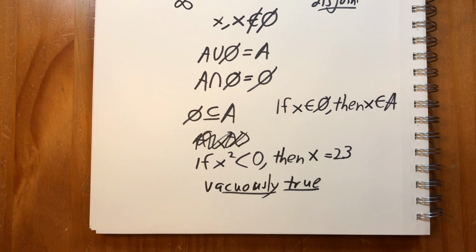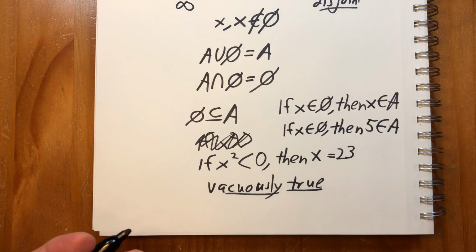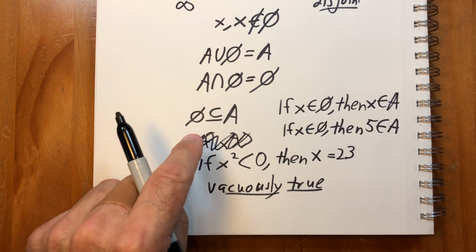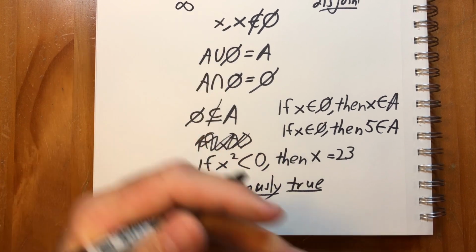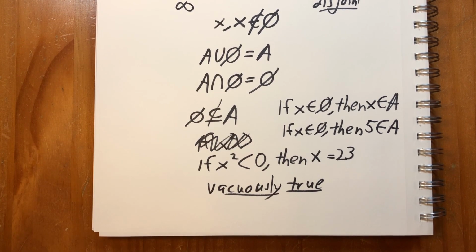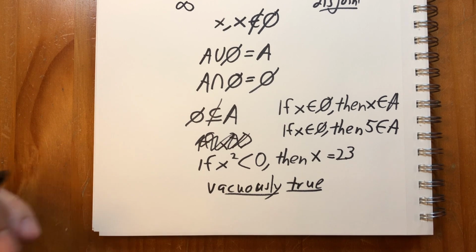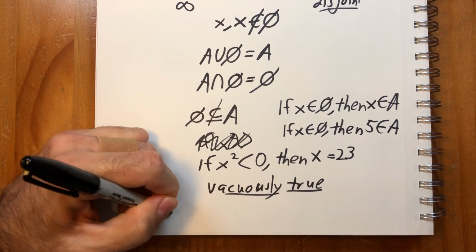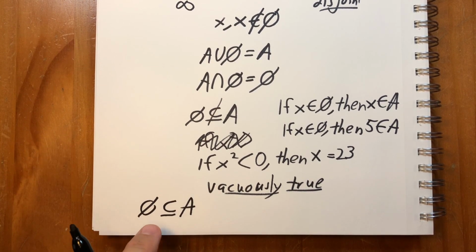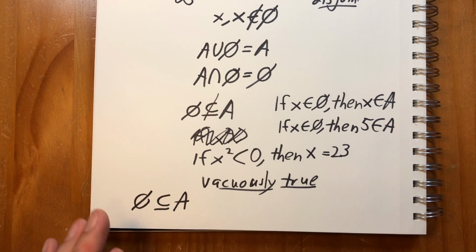So what all of this is saying is that there are some issues that we cannot resolve by argument. You can't make a better argument that this is true than that it's not true. And instead, we have to just agree on what we mean. So mathematicians have decided that yes, the empty set is a subset of A. That just makes all of our work easier. Okay.